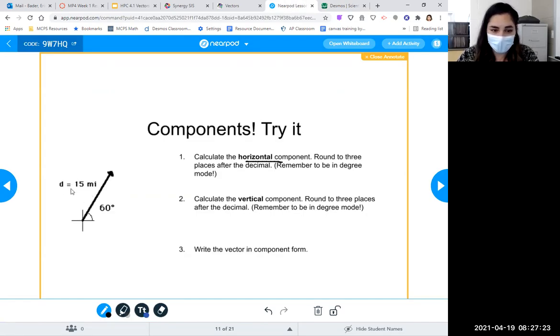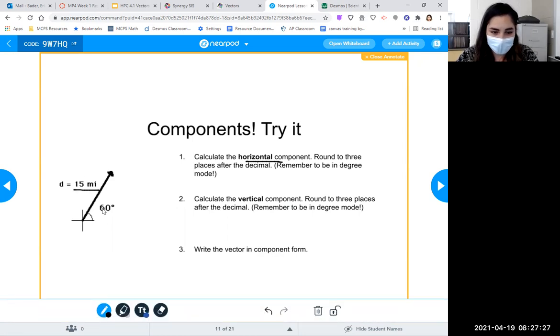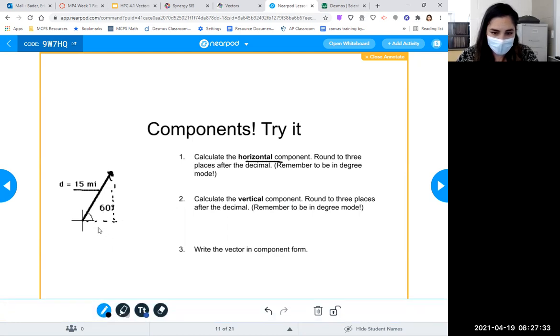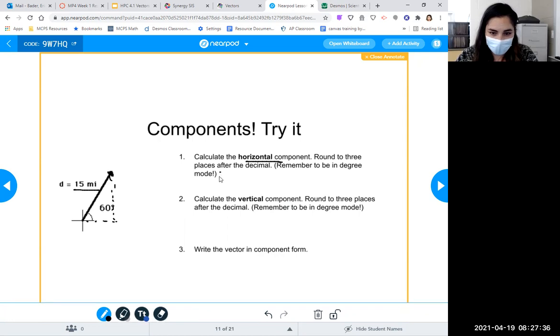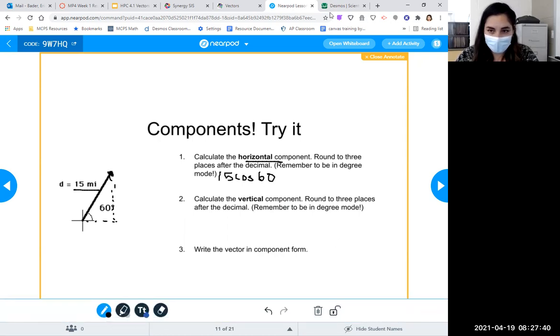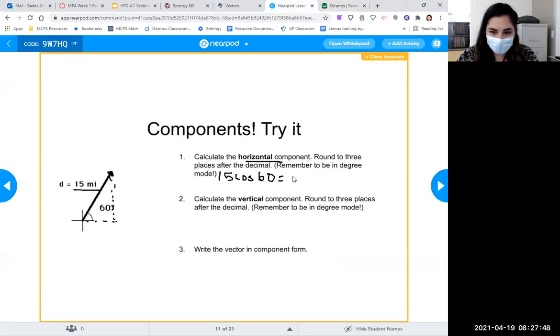All right, so we have this vector. The magnitude is 15, and the direction is 60. So let's say we make these little right triangles, and your horizontal component would be 15 cosine of 60, which is 7.5. So we have 7.5 miles. Right?